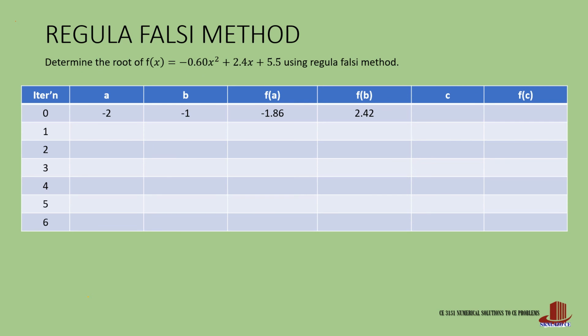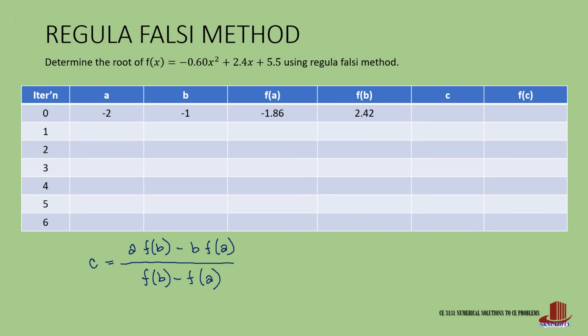The same procedure would be followed by regula falsi method as in bisection method. The only difference is this time we are supposed to place the values for the function of a and function of b into our formula for computing c, which is given as c equal to a times the function of b minus b times the function of a, all over function of b less the function of a.